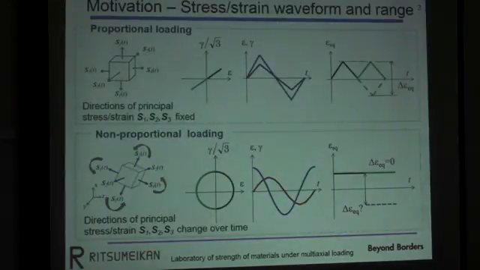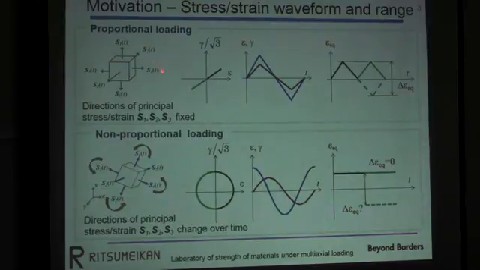In multi-axial loading, as you know, you use Mises or Tresca equivalent stress or strain. In proportional loading, this is okay. Mises and Tresca stress and strain always take positive values, no negative values.